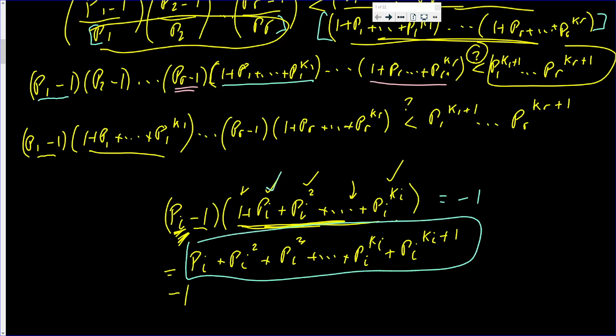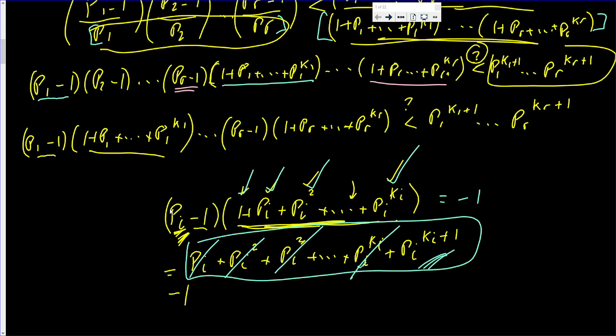But look, we have to take away p1. We have to take away p2. We have to take away p3. We have to take away p sub I. So what we're left with is this and the 1 that we just took away.